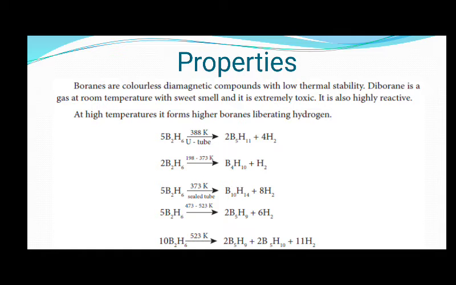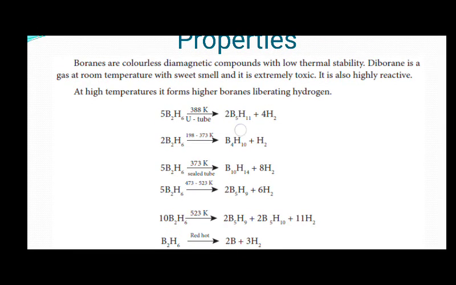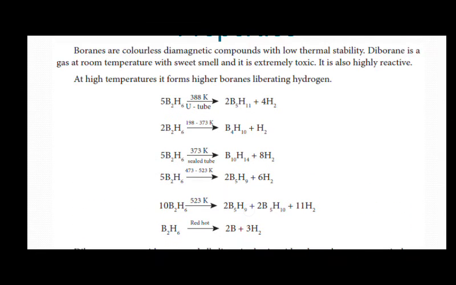So you can see at different temperatures, higher boranes are formed, liberating hydrogen. You can see all these. So 5B2H6 in a U-tube at 388 Kelvin gives 2B5H11. 2B2H6 gives B4H10. 5B2H6 at 373 Kelvin gives B10H14 in a sealed tube. 5 moles of borane at 473 to 573 Kelvin gives B5H9. 10 borane molecules at 523 Kelvin gives B5H9 plus B5H10.